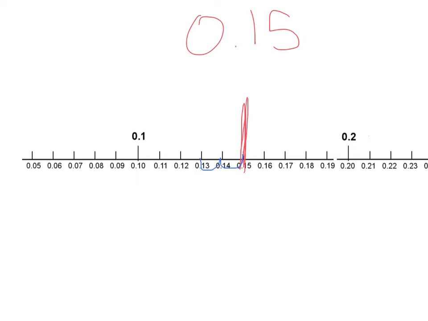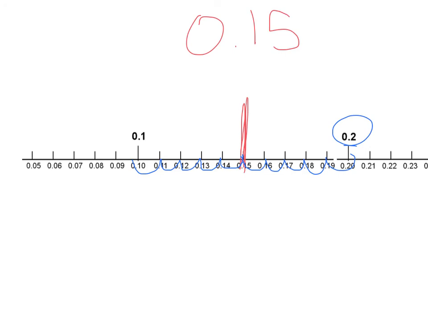We've got 1, 2, 3, 4, 5 on one side and 1, 2, 3, 4, 5 on the other side. The rules for math, just because they're the rules for math, if you're smack in the middle, if you're on the 5, you always round up. I guess they figure it's easier to go up than down. I don't know. But those are just the rules for math.